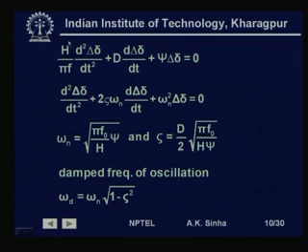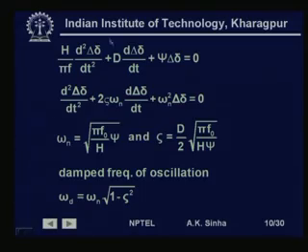Now this expression can be written in a standard form: d2 delta delta by dt2 plus twice zeta omega n d delta delta by dt plus omega n square delta delta is equal to 0. This is the standard form of a second order differential equation for analyzing the dynamics of a linear system.